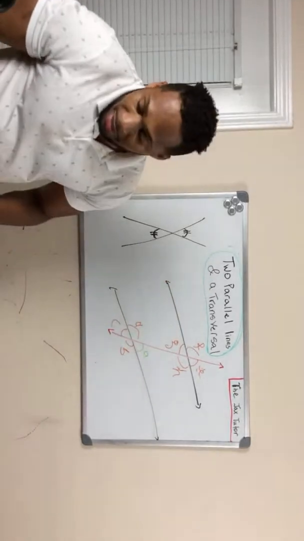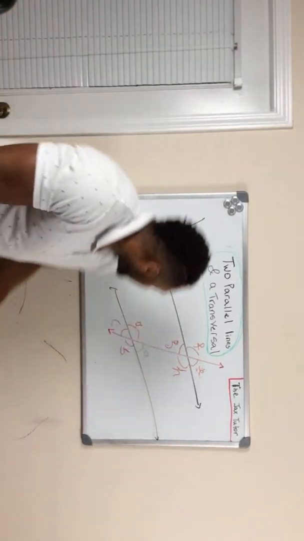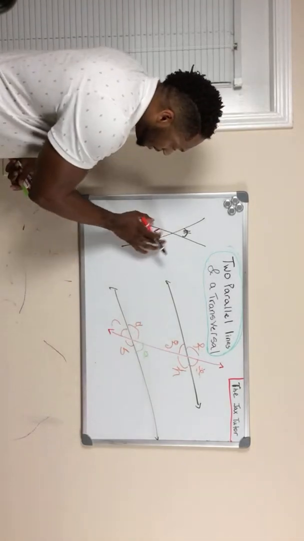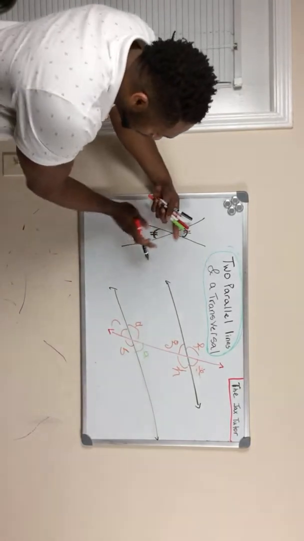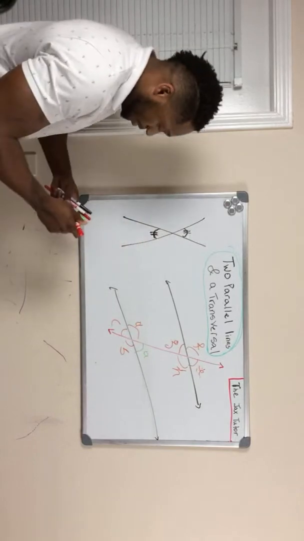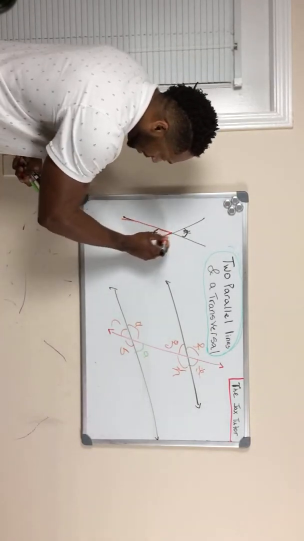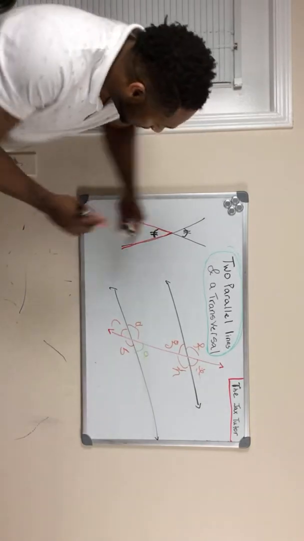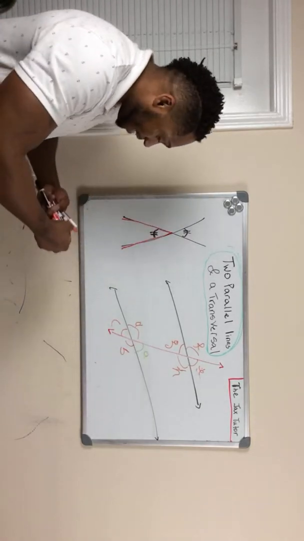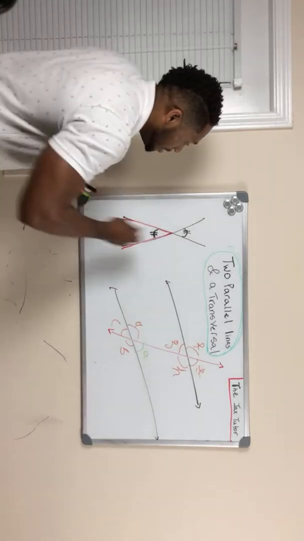Now, the other way you can think about this is, if you could fold the bottom piece in red and put it back over here, it would land exactly on top of this right here.